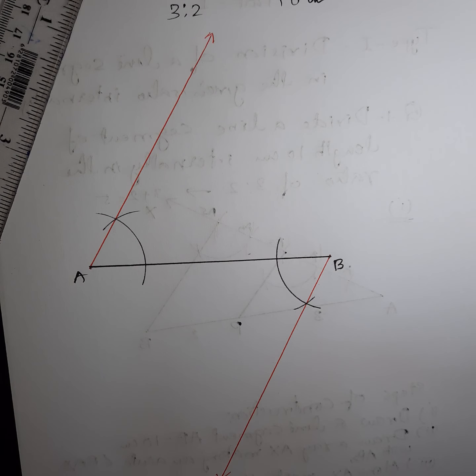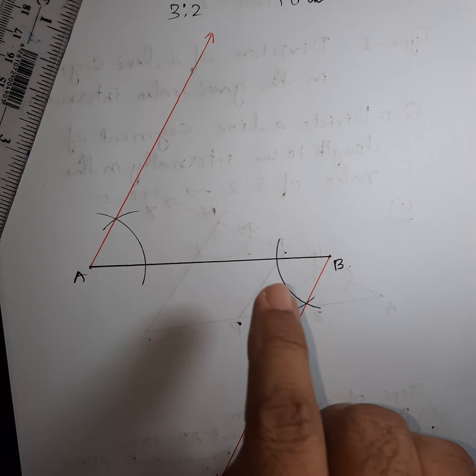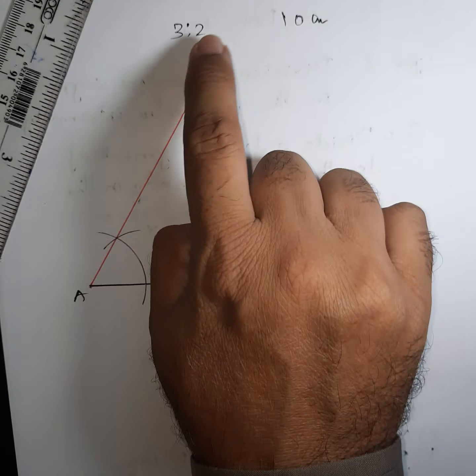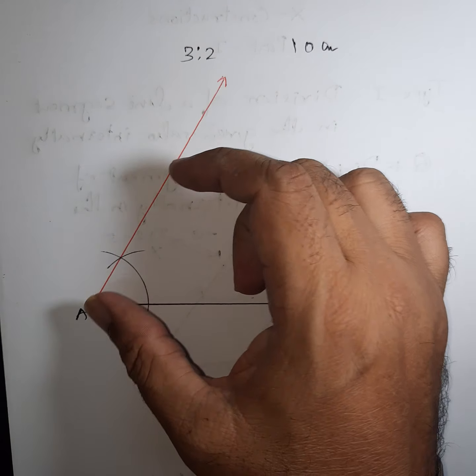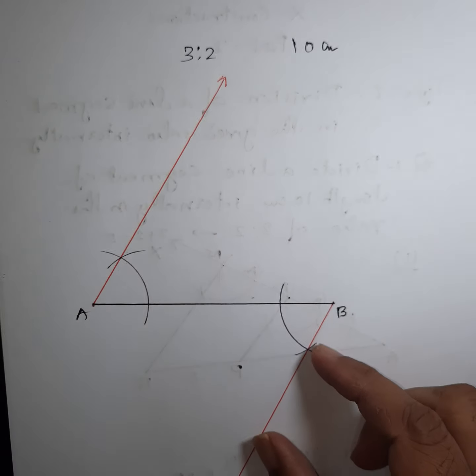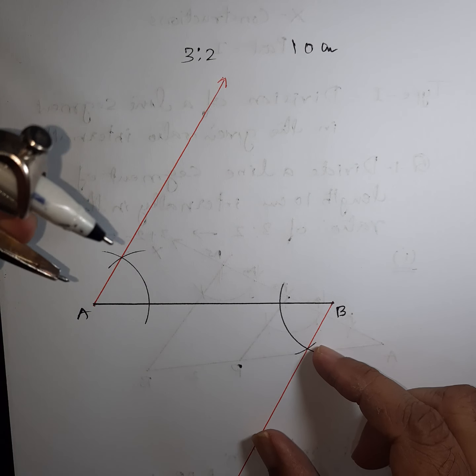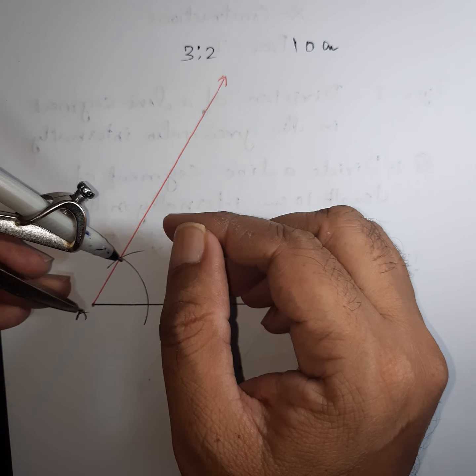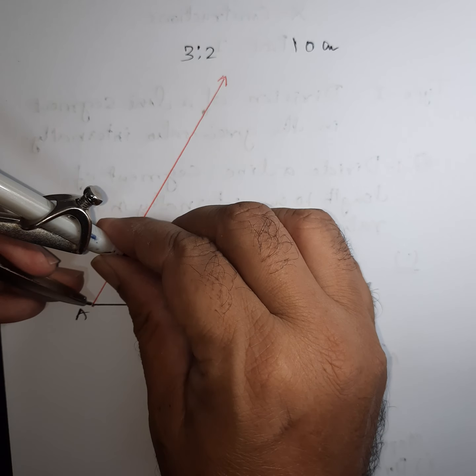Then you need to divide this given line segment in the ratio of 3:2. The upper one you will divide into 3 parts and the lower one into 2 parts. First decide how much length you are taking. Don't take the same length, otherwise it will become odd.